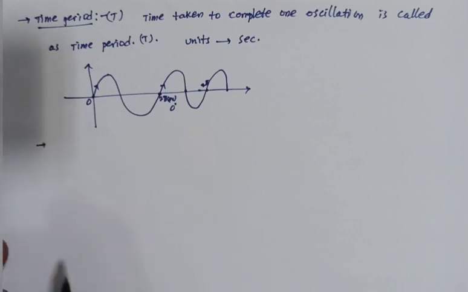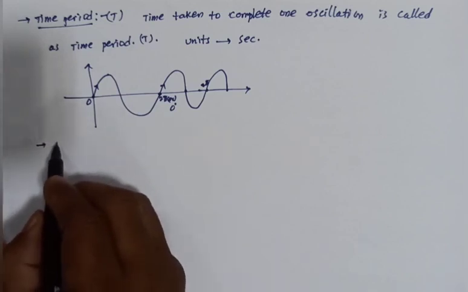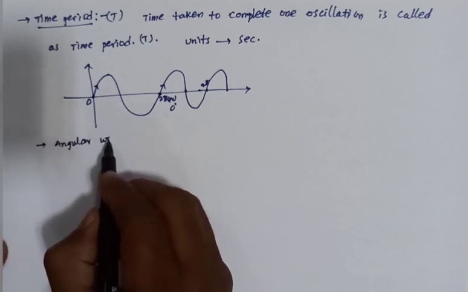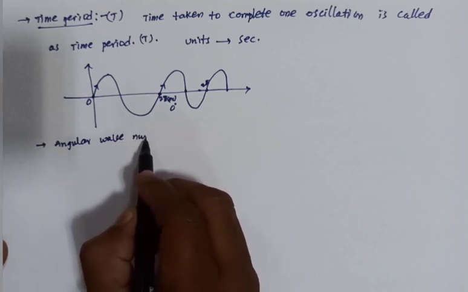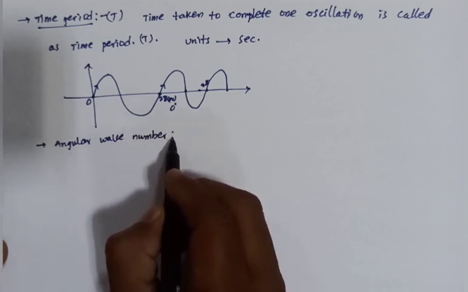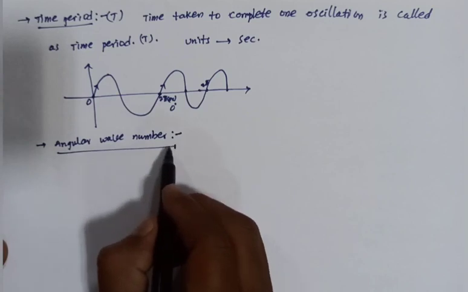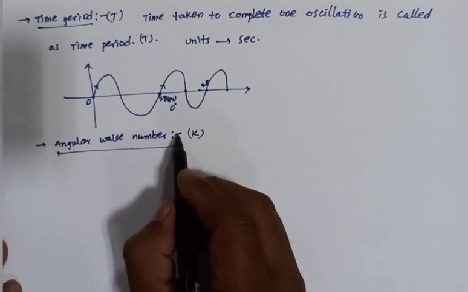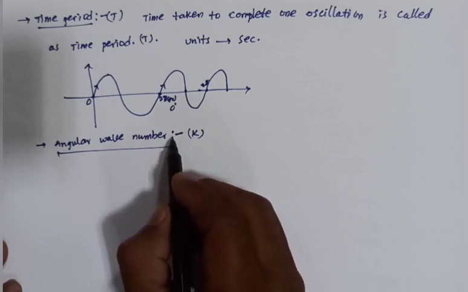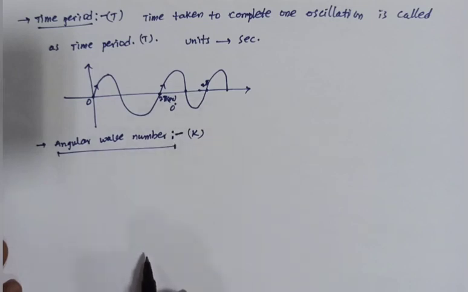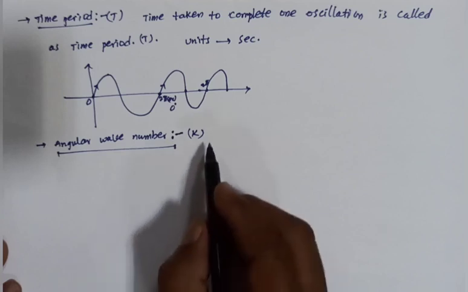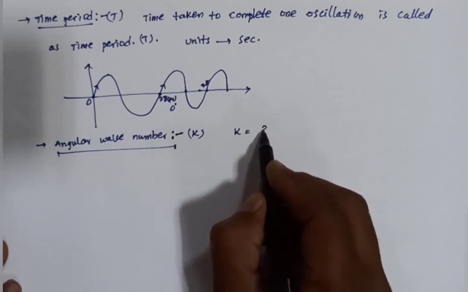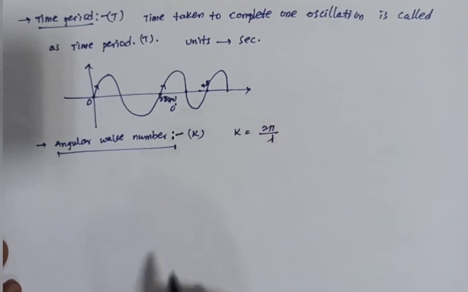And next one, we can take angular wave number. Angular wave number is a propagation constant. The relation between angular wave number and wavelength is k equals 2 pi by lambda.